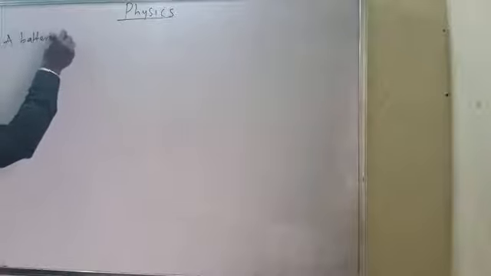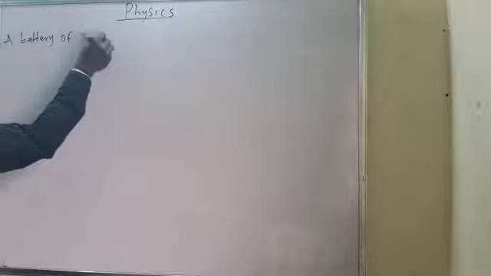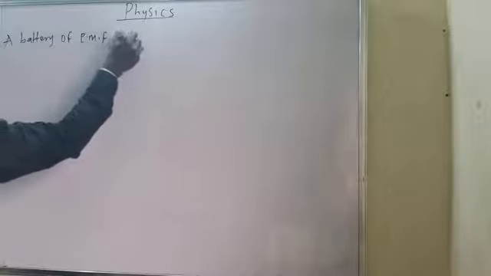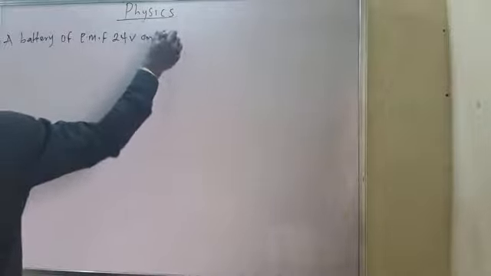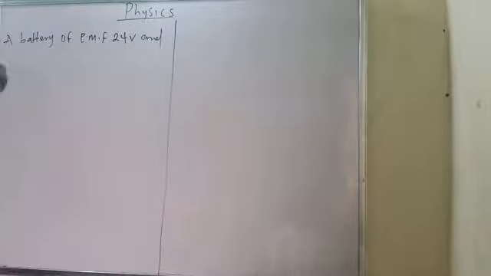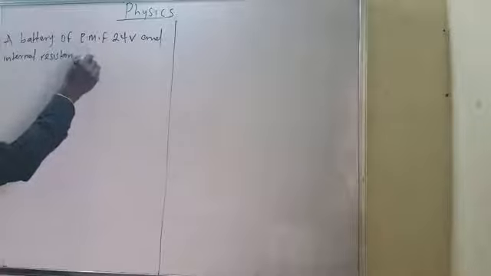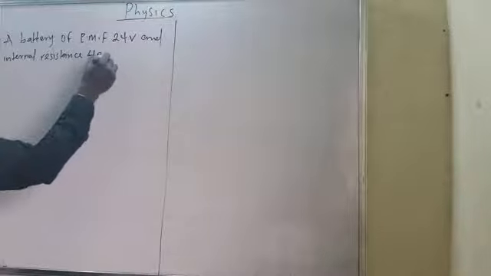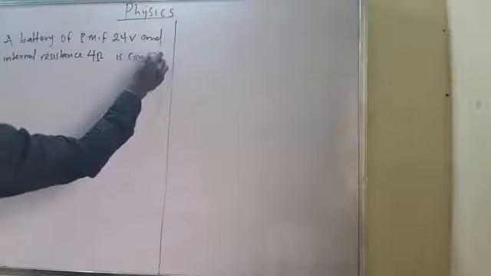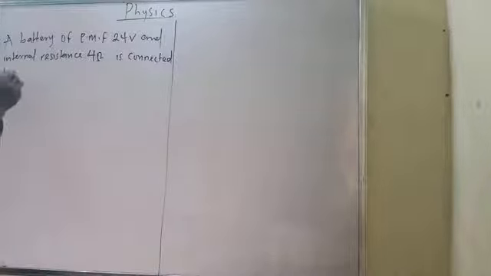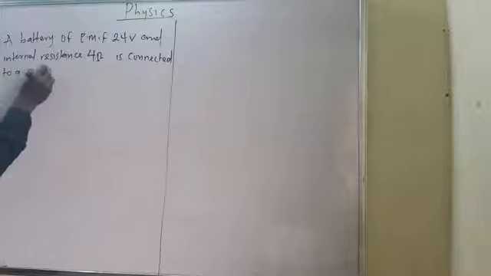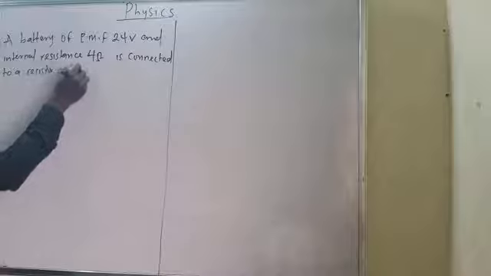Now, example: a battery of electromotive force 24 volts and internal resistance 4 ohms is connected to a resistor of 32 ohms.